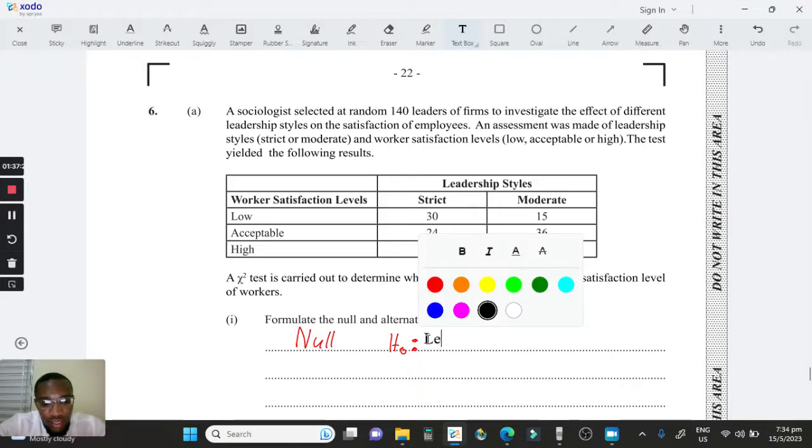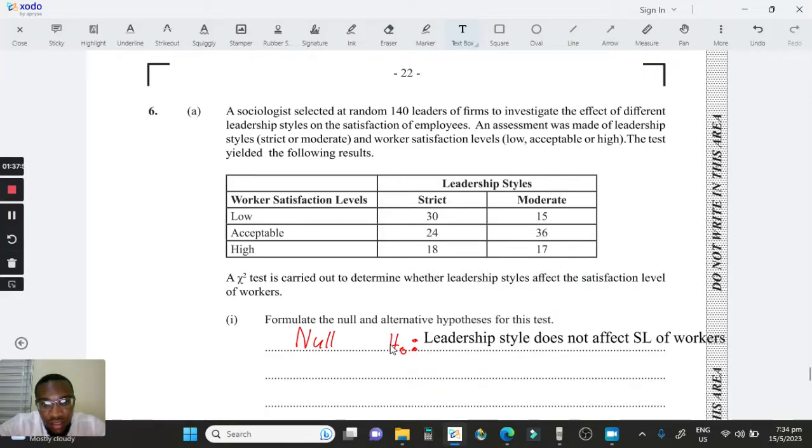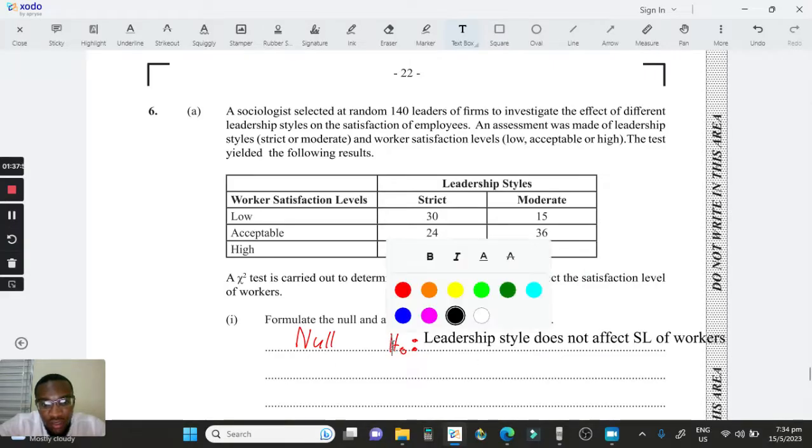So leadership style does not affect satisfaction level. SL means satisfaction level of workers. Need to bring this over.